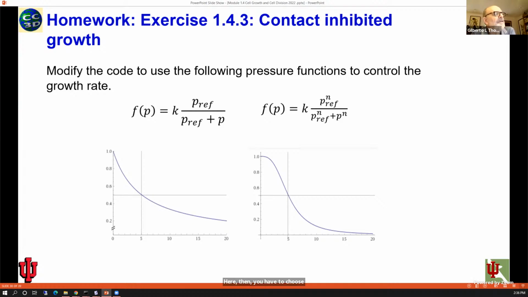This power will change the derivative of the pressure curve here. It's going to be slower or more peaked around the zero value here. Okay, try that for homework.